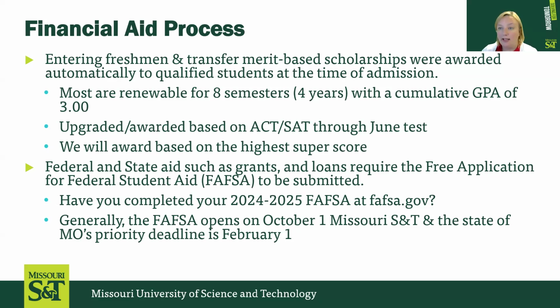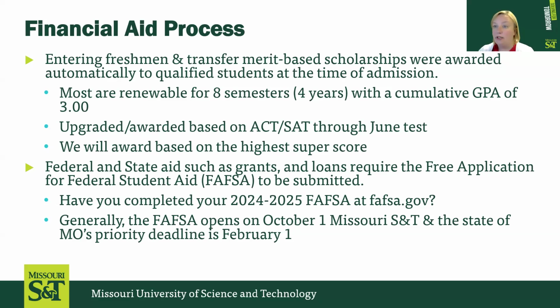We did automatically upgrade a student's scholarship based on their June test score. So if their June test score bumped them up into a higher merit scholarship for freshmen, then it should have automatically increased their merit scholarship. Now, if you did not send your test score to us, I do encourage you to do so that you can qualify for the highest merit scholarship before we actually jump into August and classes start.